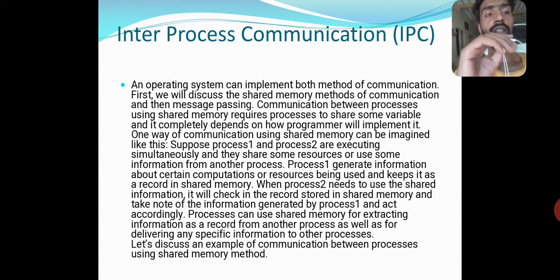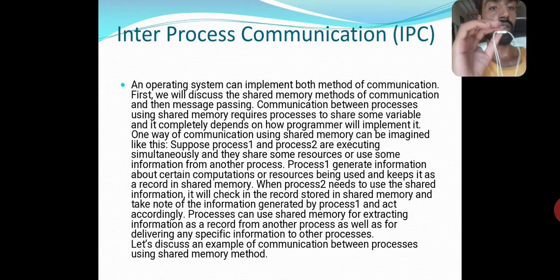When process 2 needs to use the shared information, it will check the record in shared memory and take note of the information generated by process 1. Accordingly, a process can use shared memory for extracting information as a record from another process as well as for delivering specific information to other processes.